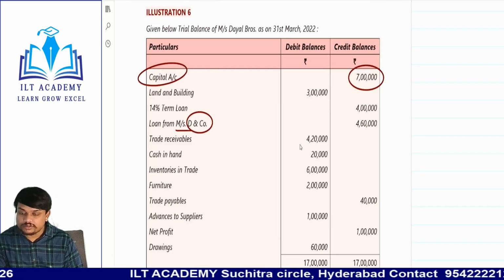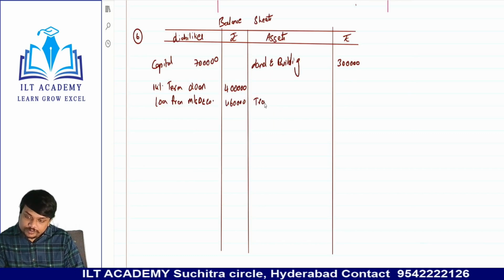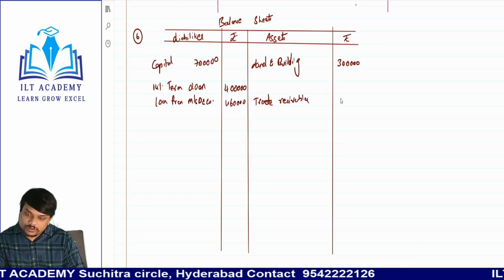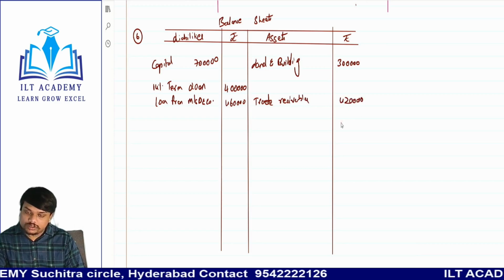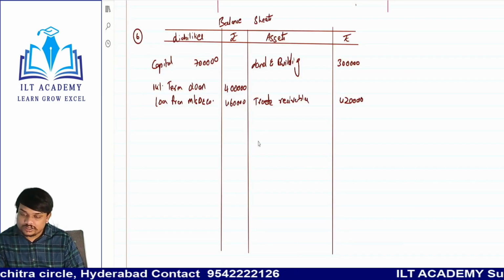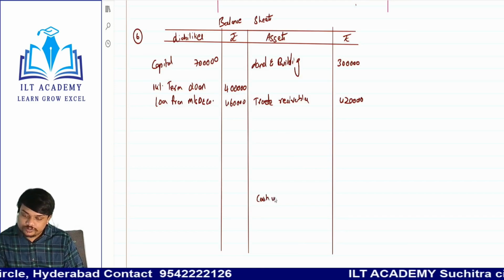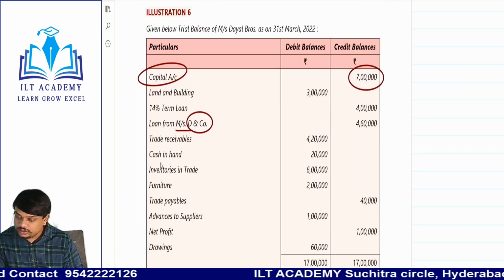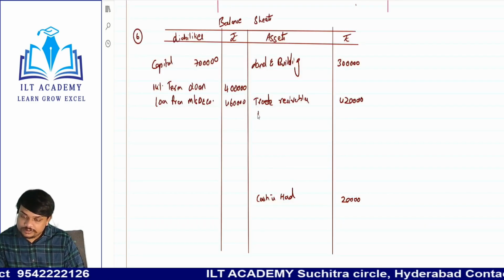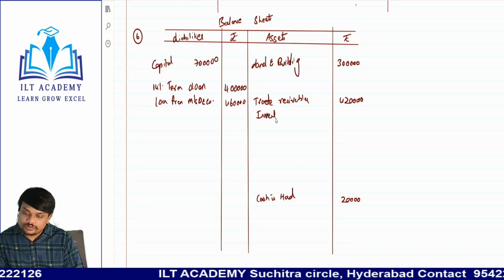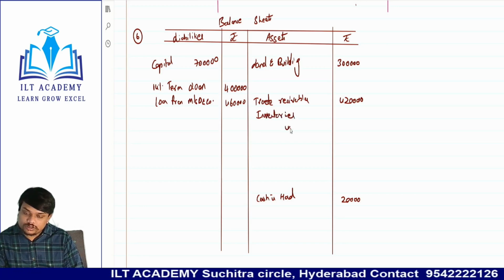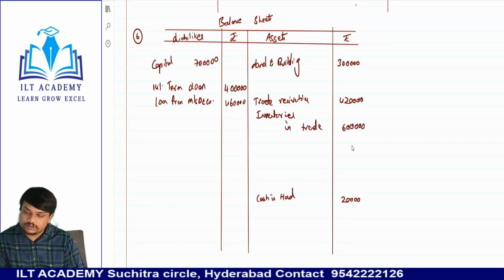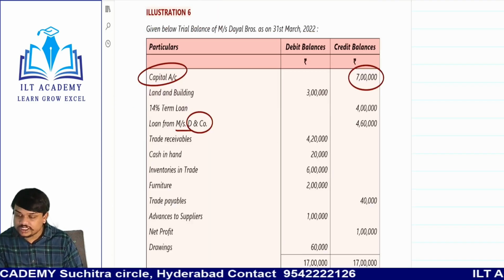Next, trade receivables 4,20,000. Next, cash in hand 20,000. Inventories in trade 6 lakhs. Furniture 2 lakhs.